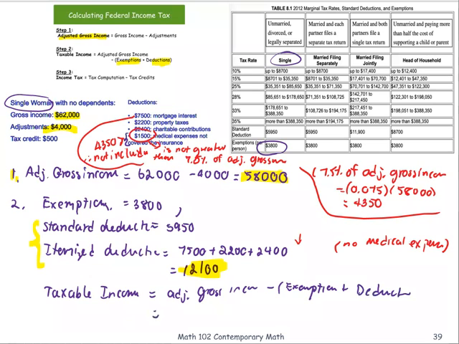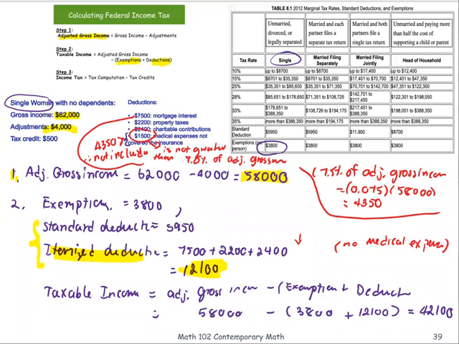The adjusted gross income from step 1 is 58,000 subtracted by the exemption, which is 3,800, plus the deduction. We use the itemized deduction because it's greater than 5,950, the standard deduction. So we're going to add 12,100 to 3,800, and therefore we have the taxable income as the value of 42,100.